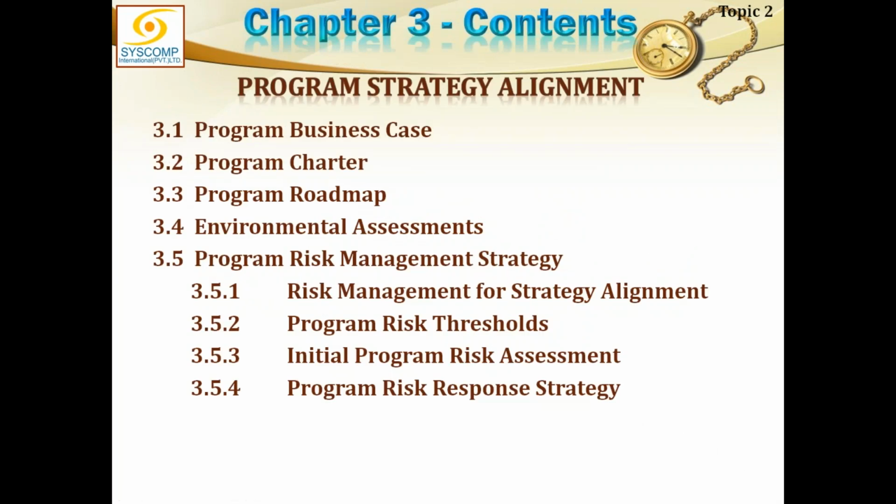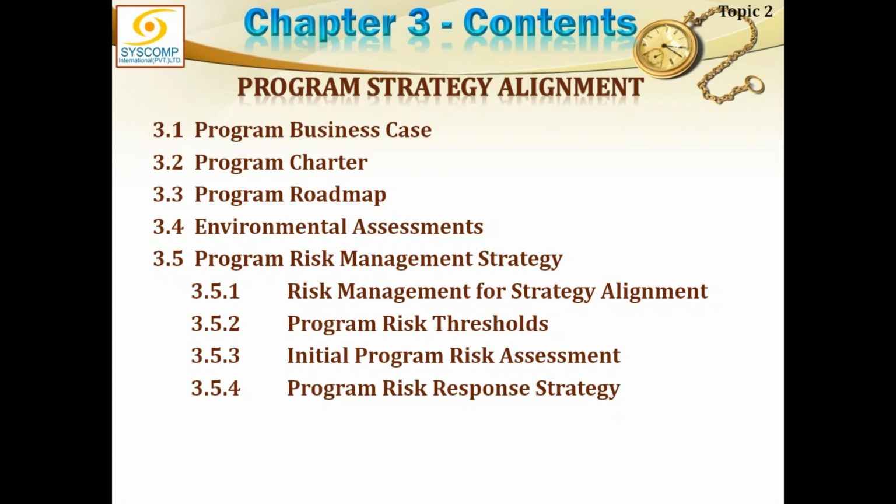So this chapter talks about the preparation of the business case for the program, issuance of the program charter, creation of the program roadmap, environmental assessment, and then the major task is the program risk management strategy is developed, in which we'll have risk management for strategy alignment, program risk thresholds, initial program risk assessment, and program risk response strategy.